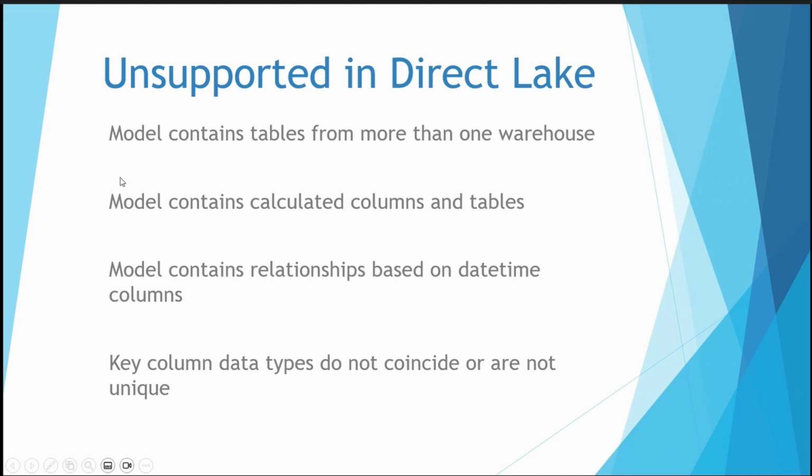If your model has calculated tables or calculated columns, that's no bueno. If your relationships between any of your tables are based on date time columns, that's no good either. That would be bad design anyway, because you want your fact and dimension tables to be joined on integers if possible. That's going to be the most efficient.